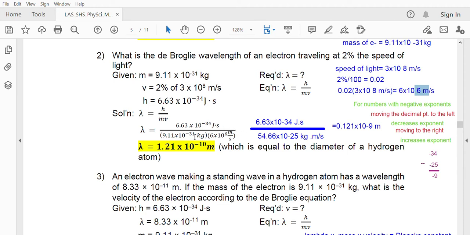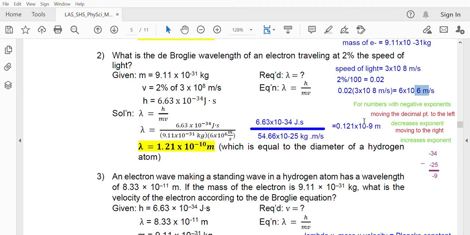So, minus 31 plus 6, that would be minus 25. And then we divide. This is equal to 0.121 times 10 to the minus 9.